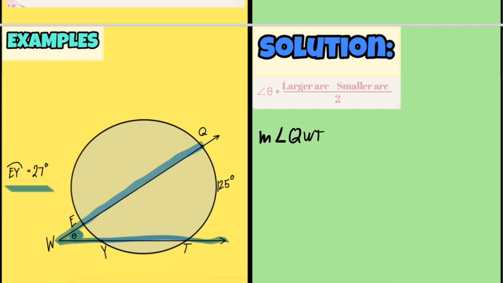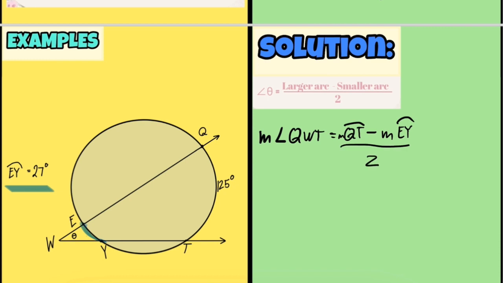This is our reference angle. So to find its measure, larger arc. The larger arc again is QT. It's 125. So I'll put the measurement of QT minus the measurement of the smaller arc EY.